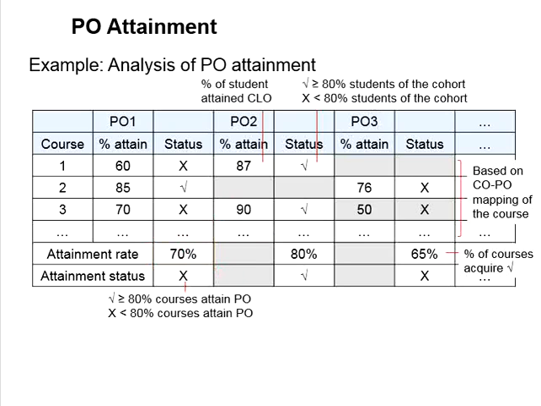If the attainment rate is less than 80%, that means it is not attained, and if it is more than 80%, that means it is attained. So now, taking this as an example, PO1 is not attained, PO2 is attained, and PO3 is not attained.